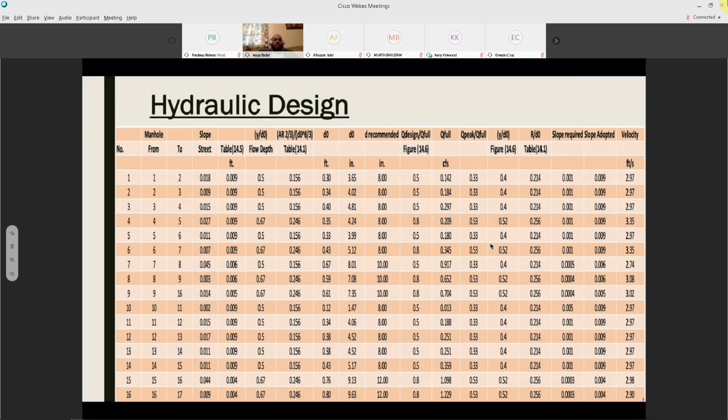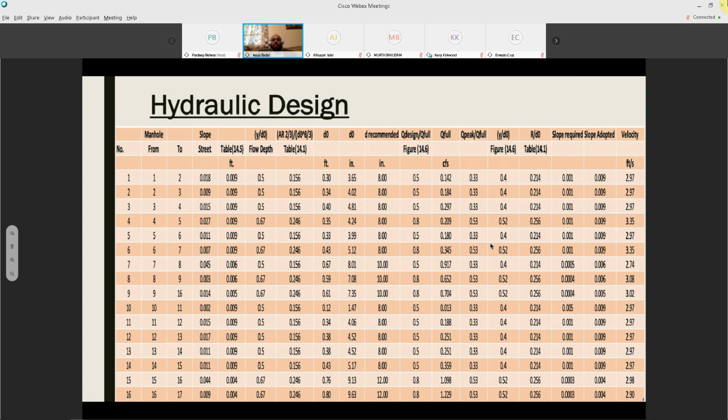For our hydraulic design, taking those parameters that we did in the previous slide, we started developing our diameter using tables from the design manual, also tables from the textbooks that we use to come up with the recommended diameter of the pipe.